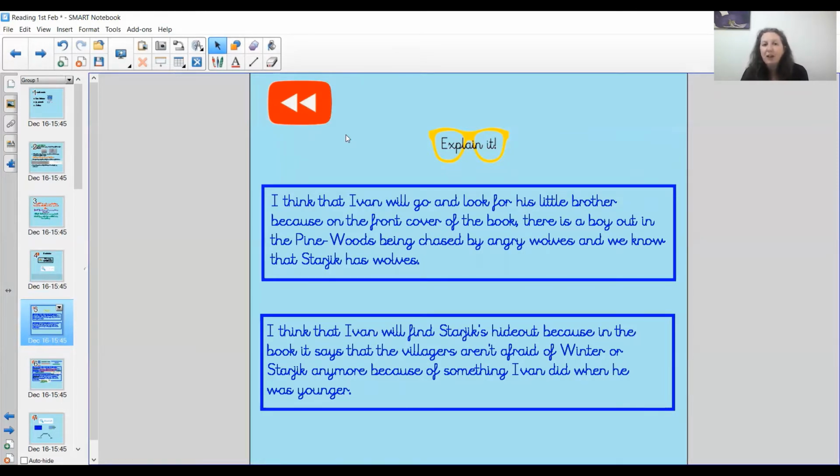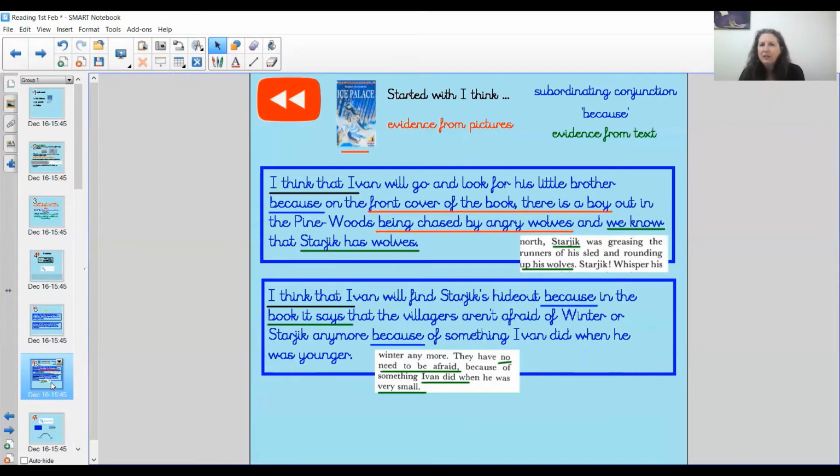Okay, welcome back. So hopefully, as you've looked at that, you've spotted some key words that you use when you are making a prediction. Okay, I am going to open my next screen, and I have hopefully highlighted the parts that I think you will have noticed. So both of our predictions started with, I think that.